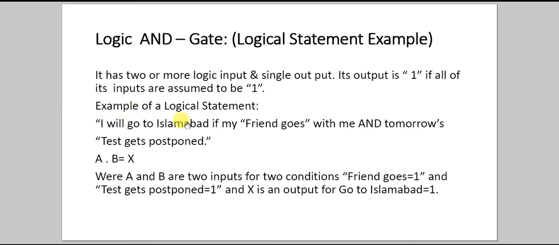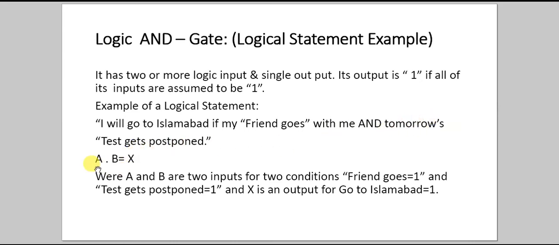Example of a logical statement: let's take the statement that I will go to Islamabad if my friend goes with me and tomorrow's test gets postponed. Going to Islamabad is the outcome here, and the two inputs are the events, if they took place: that my friend goes and tomorrow's test gets postponed.